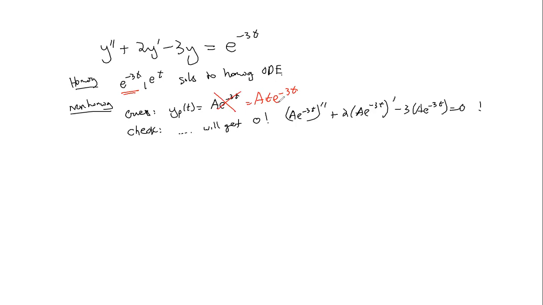And now when you plug it in, you'll find that you can get a solution for a. Basically, whatever function you get on the right-hand side, you can just look at that table and see, okay, I should plug this in, and then you solve for the coefficients.